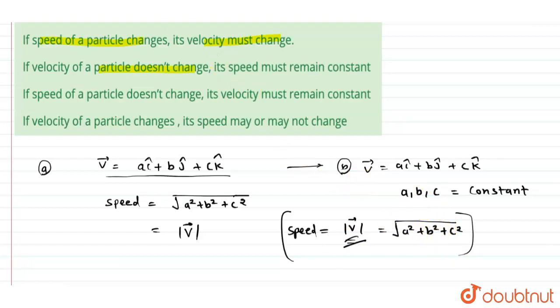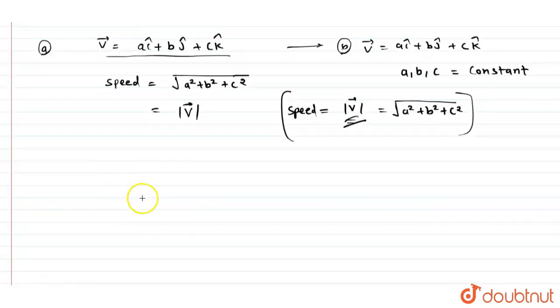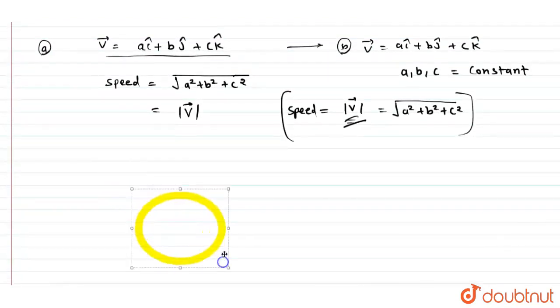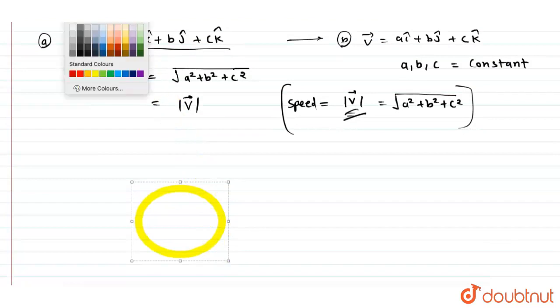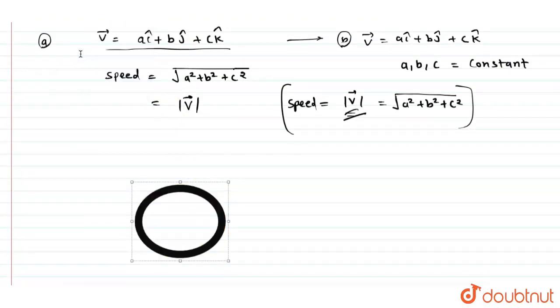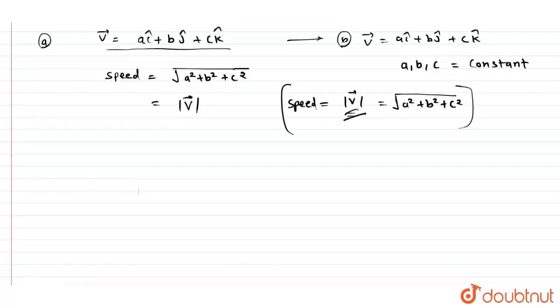Now let us check the third one, in which we are talking about if the speed of the particle doesn't change, its velocity must remain constant. To check this, we have to consider uniform circular motion. Let us draw the circle.